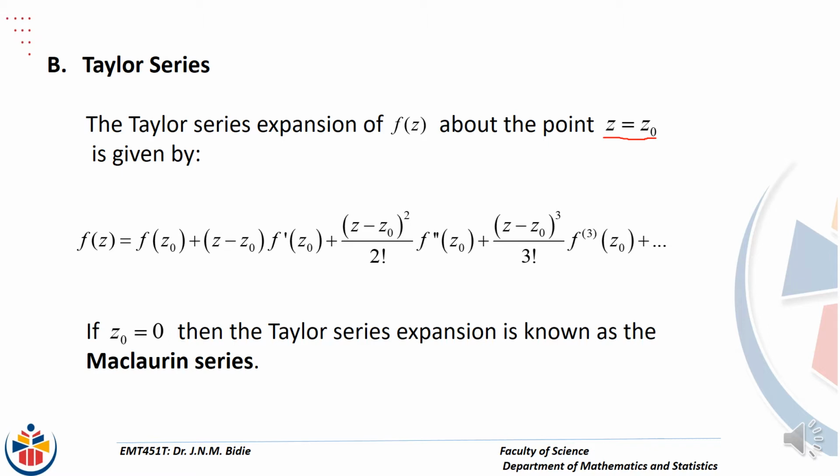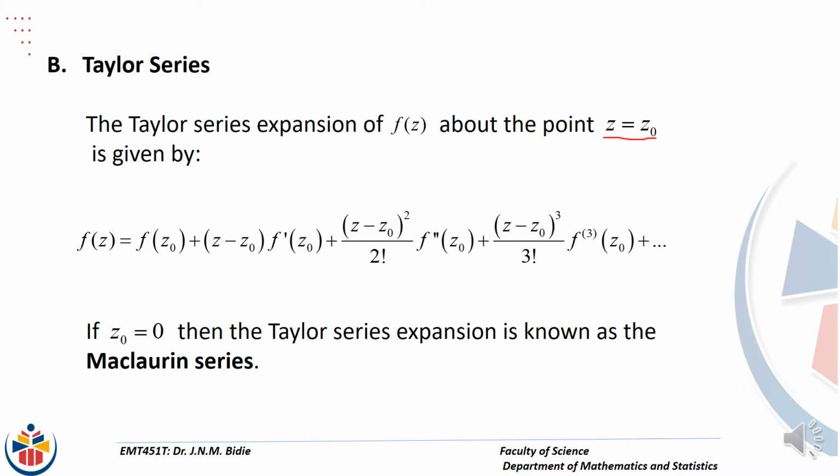Note that the power of z minus z naught also determines the number of derivatives. So if the power of z minus z naught is 3, you divide by 3 factorial, and it means f is differentiated 3 times, and you substitute into your answer the given point z naught.